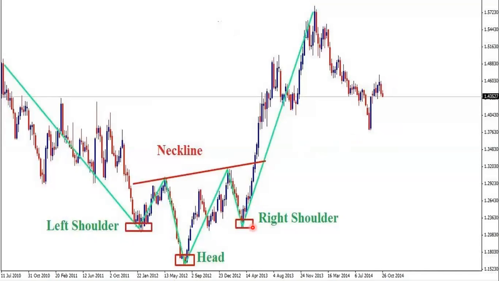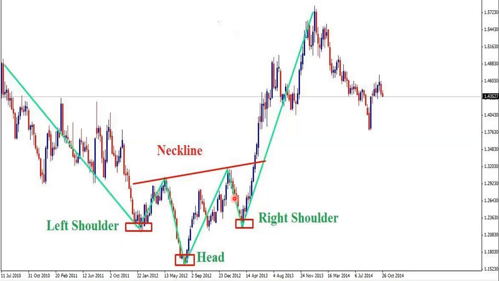Another kind of head and shoulders I'd like you to know, also from the chart. As you see, the price, like an inverted head and shoulders, but it's the same, it's head and shoulders. So it could be on the tops, it could be on the bottom, also head and shoulders. Like here, one shoulder, head, right shoulder, as you see.